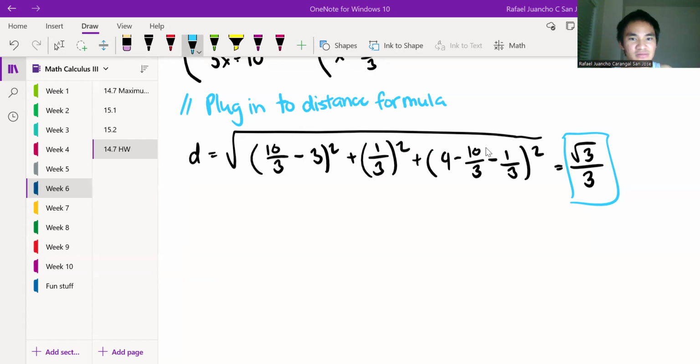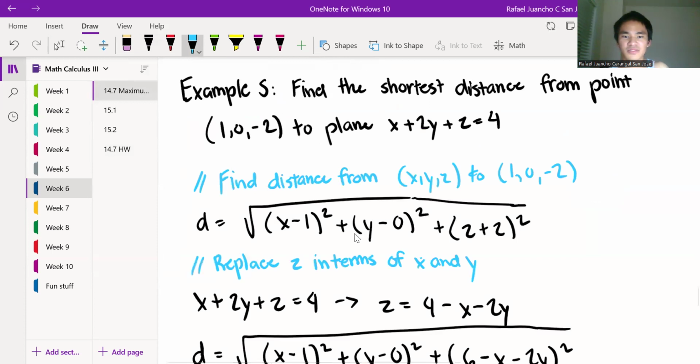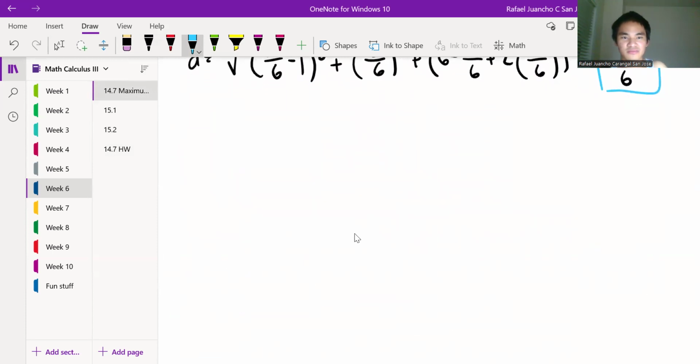Find volume of the largest rectangular box. Trying to see which one's the best to do here. It's okay. I'm not even gonna go through this. I'll skip ahead and go to absolute max and min, because I have more problems there to go through, right?